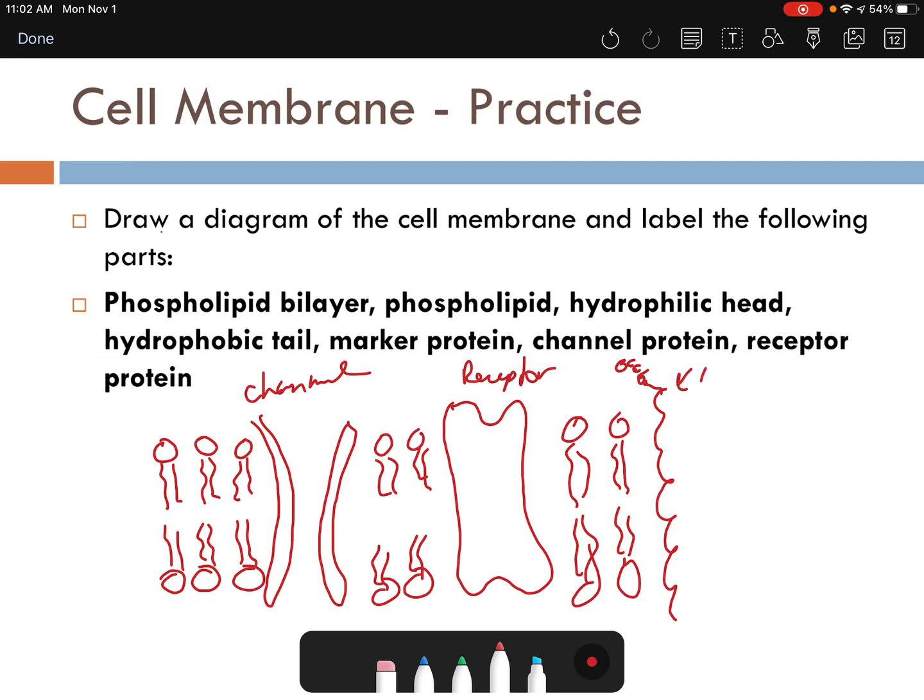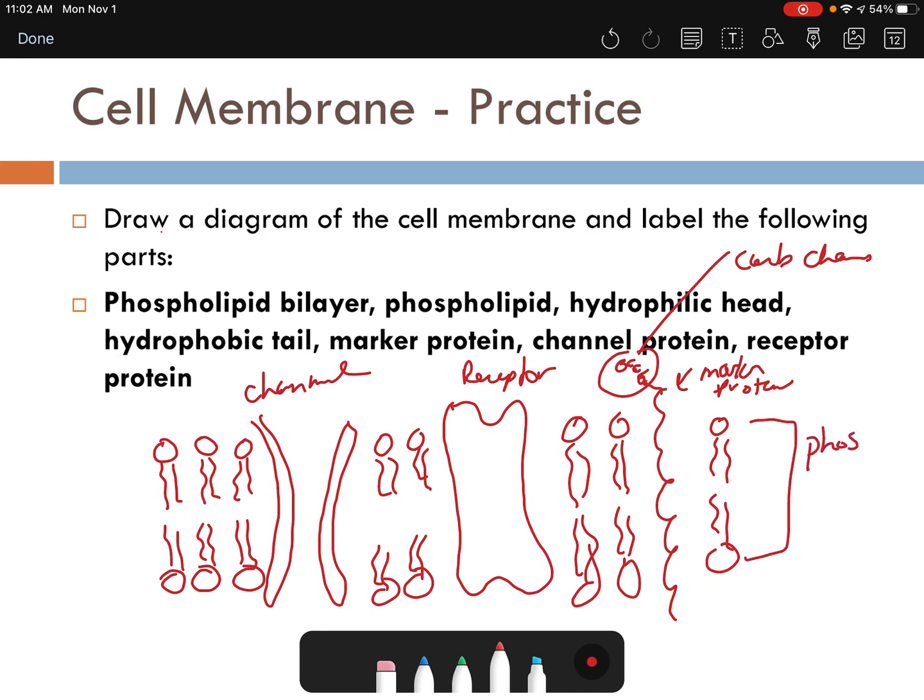And then I'm going to draw a marker protein. This is a very poor marker protein. I draw it embedded all the way through, but these are supposed to be your carbohydrate chains that kind of mark it. And that's your phospholipid bilayer.